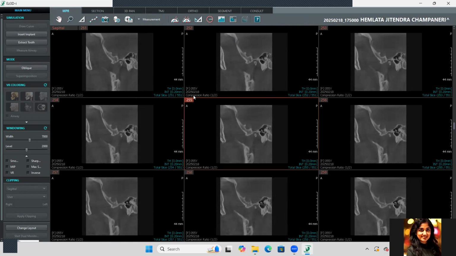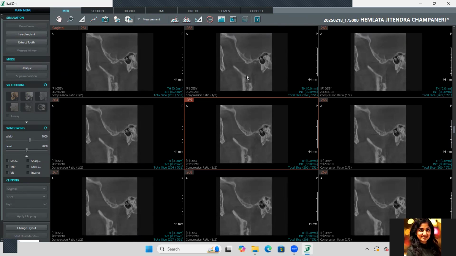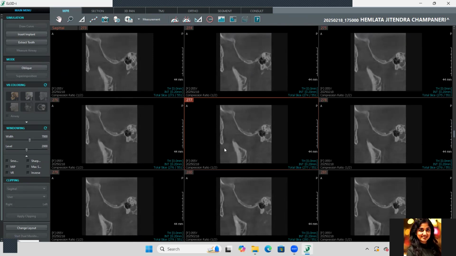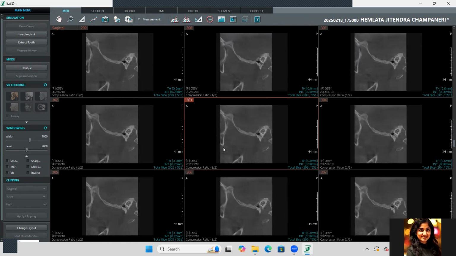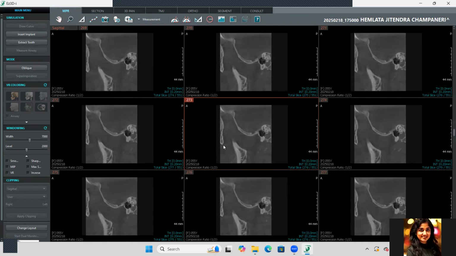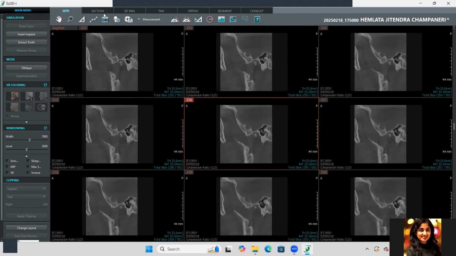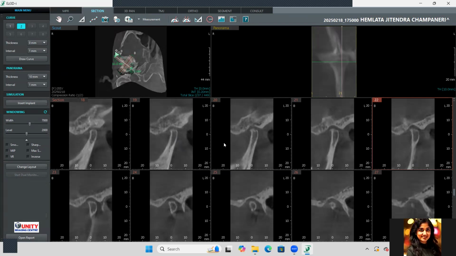This is the coronoid, and that one was condylar, as I'm scrolling. These are the mediolateral sections actually. So I have drawn a curve like this.